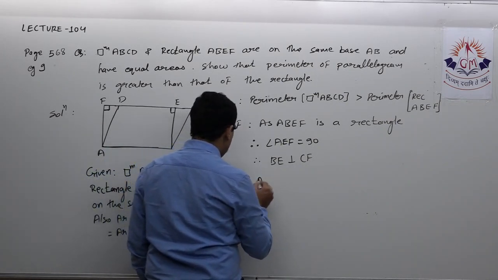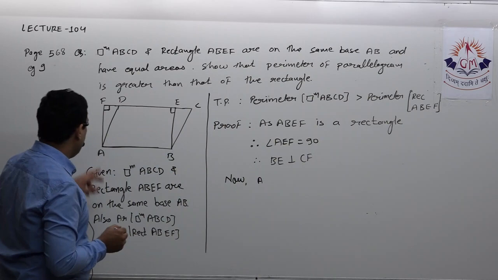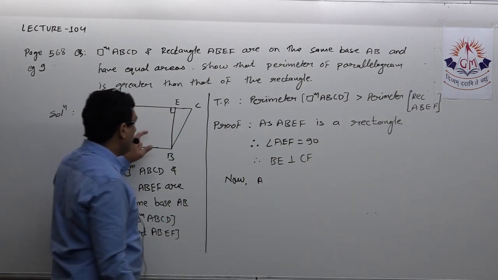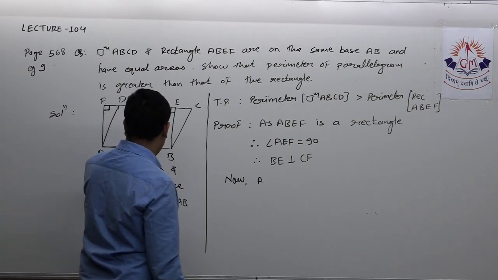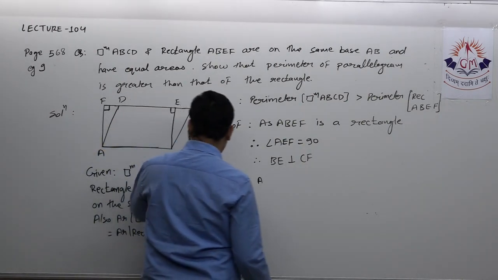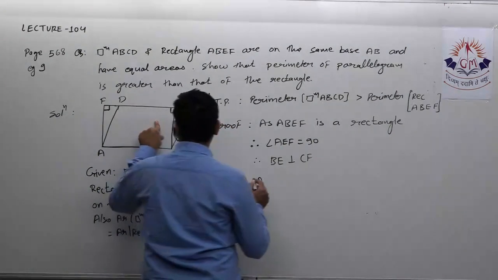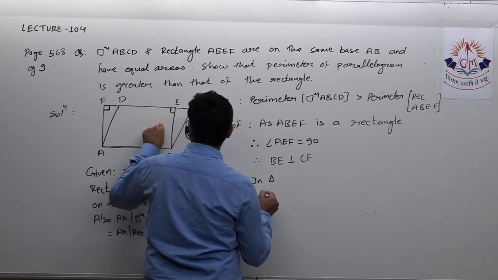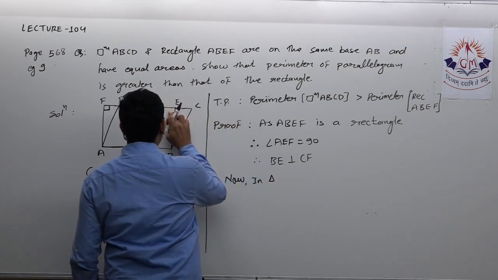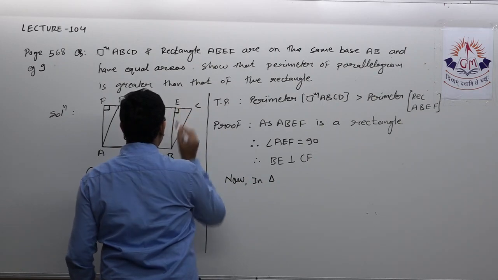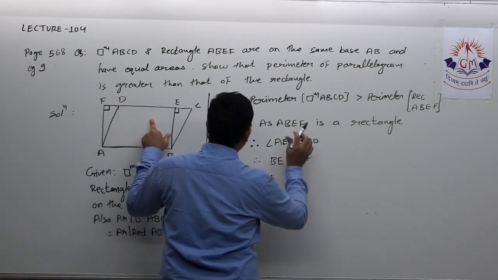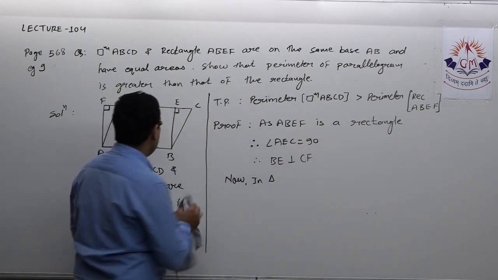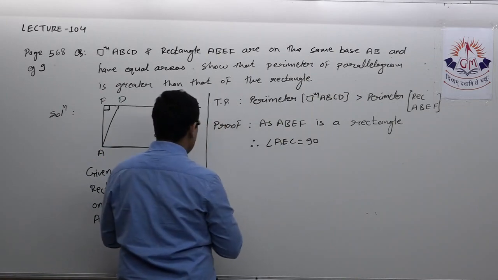Now it is given that they are equal in area, and we have to prove that the perimeter of ABCD is greater than that. Now this angle BEC is 90 degrees.